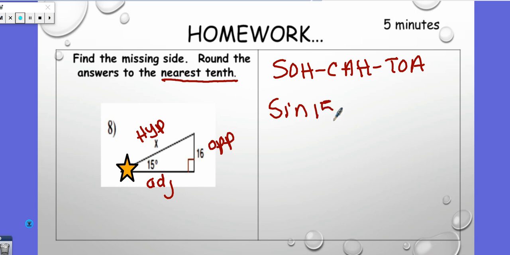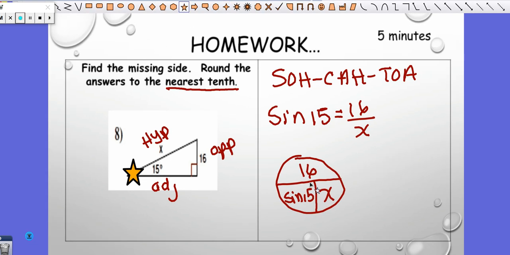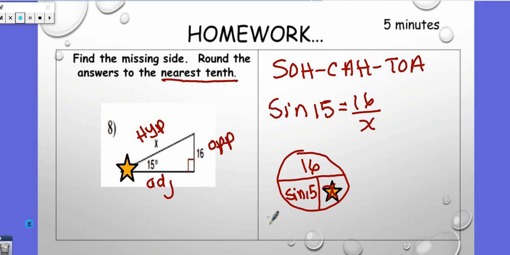So I get sine 15 equals 16 over x. So we're going to put sine 15 here, 16 up here and x down here at the bottom. So we would say x equals 16 over sine of 15.